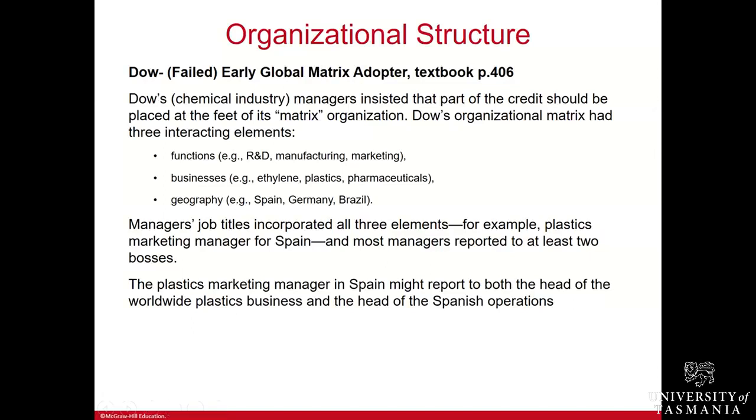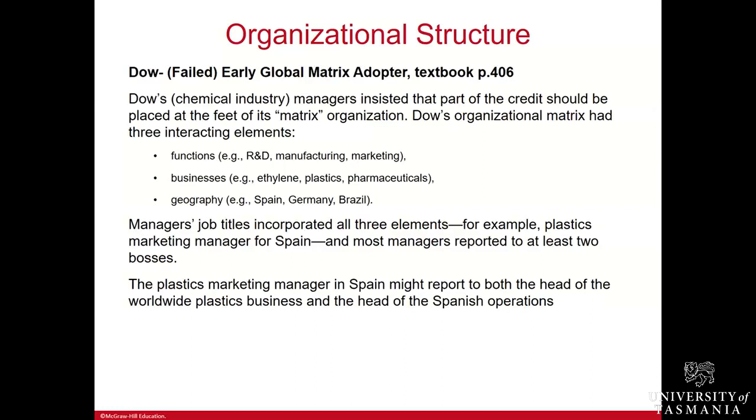And we have one example here from your textbook, in which the global matrix didn't work. There is one company in the chemical industry, whose managers insisted that part of the credit should be placed at the feet of its matrix organization.